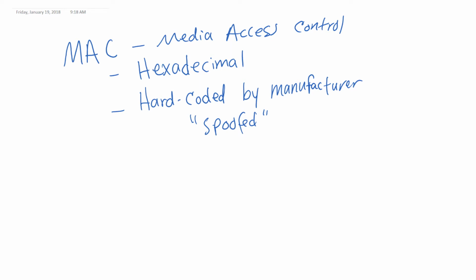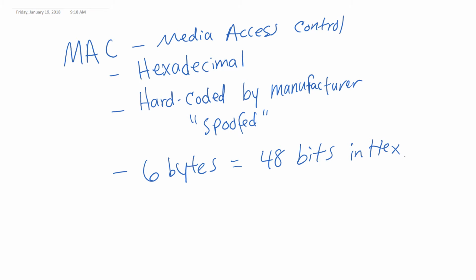MAC addresses are 6 bytes long, which is 48 bits in hexadecimal. So it'll often look like something, I'm just going to come up with a random MAC address, 01, A4, C2, 12, 63, E6.